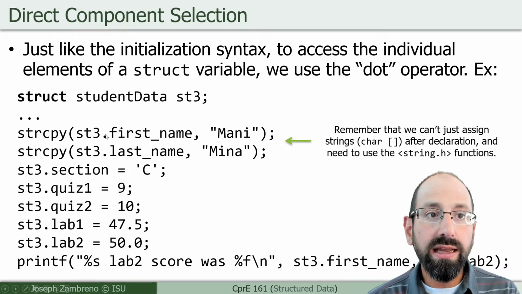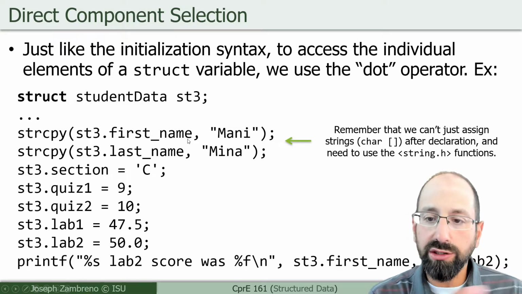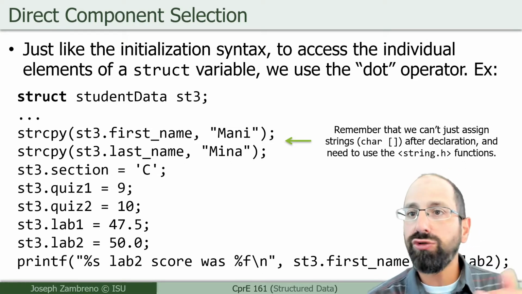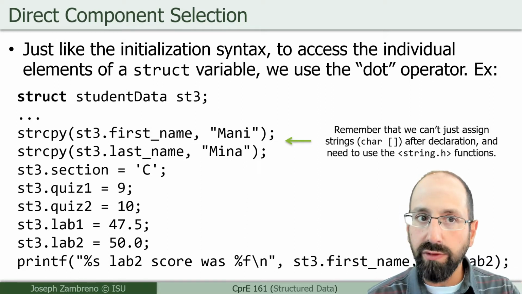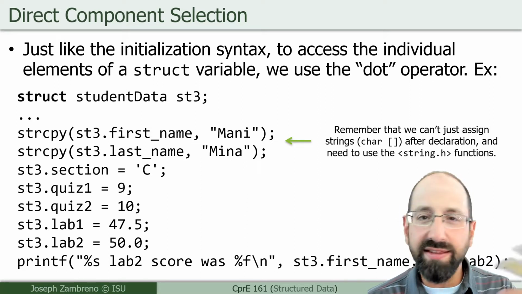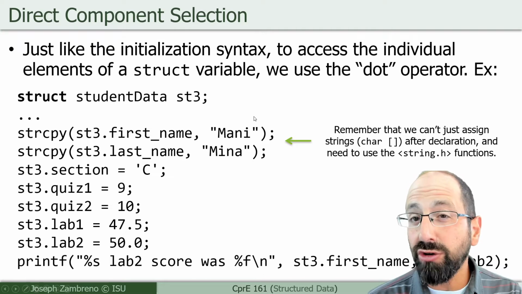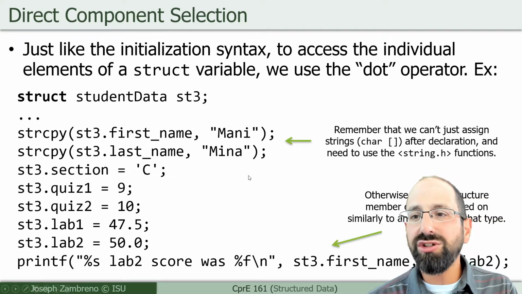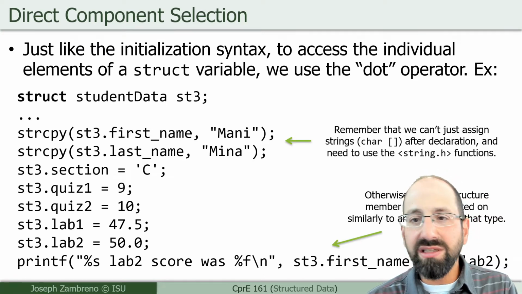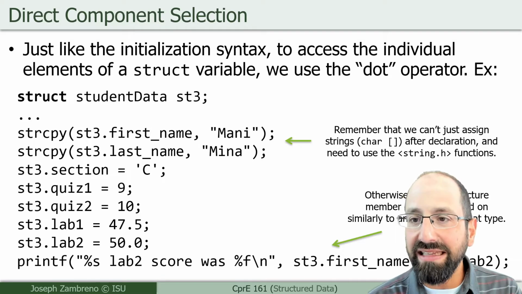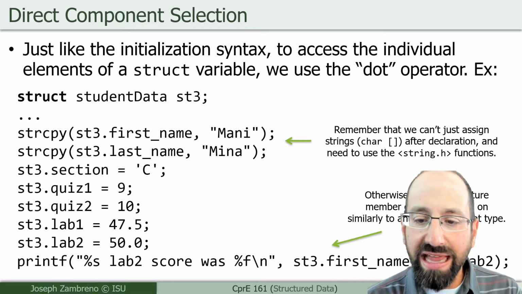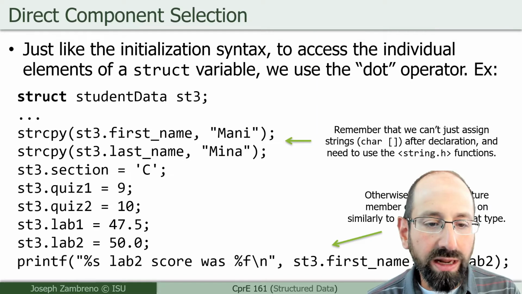String copy will work as if first name itself was just a character array, because that's all it is. It's within this structured data, we have this character array. So that's a small caveat that the same limitations still exist within our structures. But otherwise, the data structure member is operated on, similarly or really identically to any variable of that type here. Let's just see it very quickly in action.